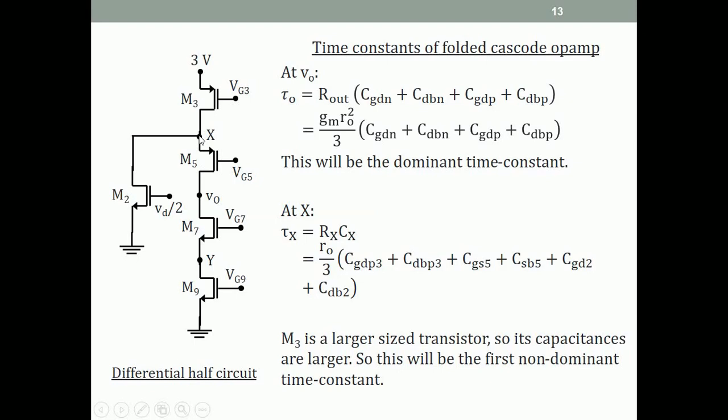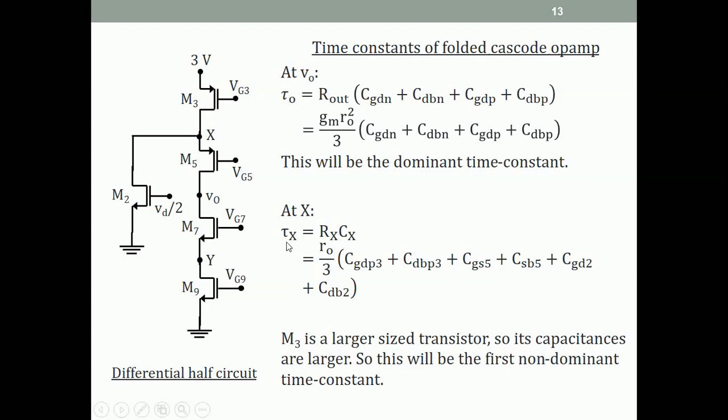Now, as I noted a few minutes ago, M3 is a larger transistor because the current through M3 is the sum of the current through M5 and M2. Because M3 is larger in size, its capacitances are larger. Therefore, the overall capacitance at this node will be larger than the overall capacitance at the node Y. And the resistance at node Y is in fact equal to ro by 3.